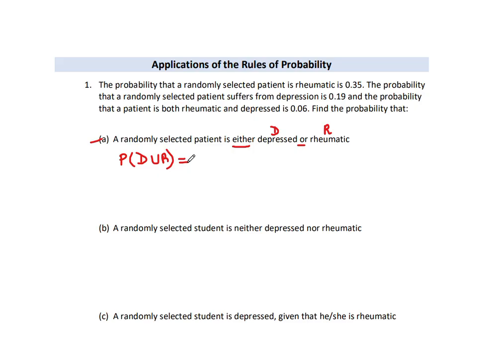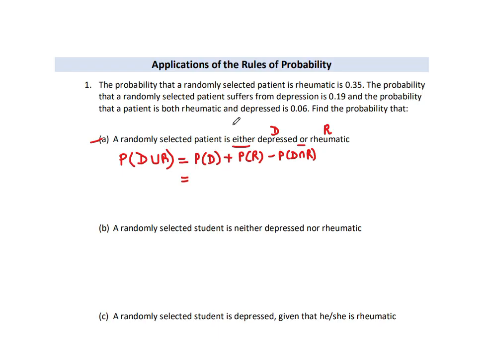It is equal to the probability that a person is depressed, D, plus the probability that a person is rheumatic, R, and we subtract the probability that a person is depressed and rheumatic. That's the intersection of the two events. So we're now going to substitute the information we have from the problem. This is called the general probability rule.